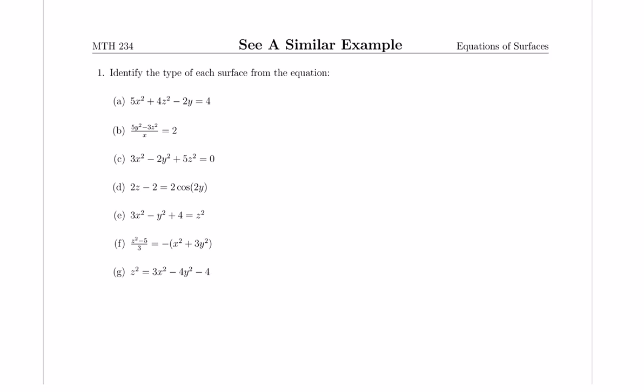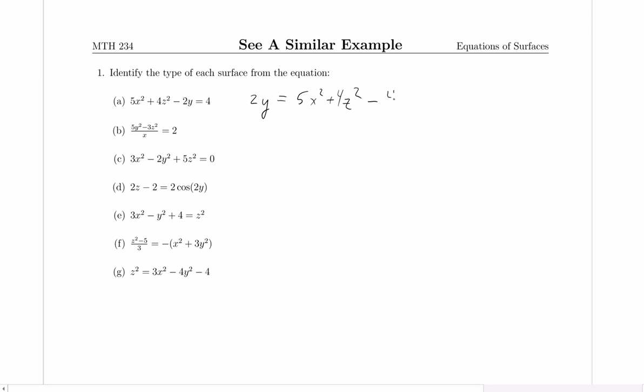So for part A here, I would maybe just move the 2y to the other side and get something like 2y equals 5x squared plus 4z squared. And you'll notice I've ignored the 4. Maybe let's move the 4 over to this side.